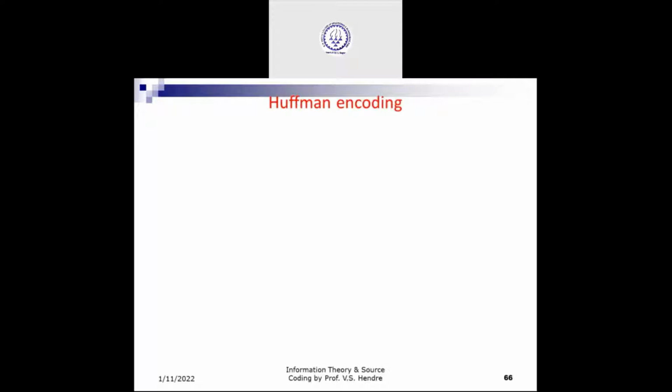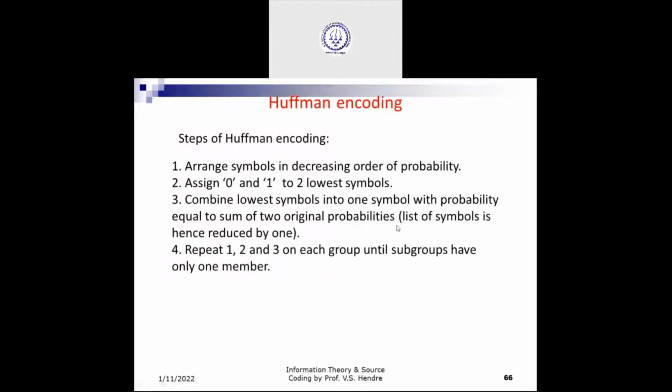What is the algorithm? First, we'll try to understand the steps of the algorithm, and then we will see its implementation by going through one typical example for the Huffman encoding algorithm. So let us first try to understand the steps. Step number one is very similar to step number one of the Shannon-Fano coding algorithm, where you have to arrange the symbols in decreasing order of probability.